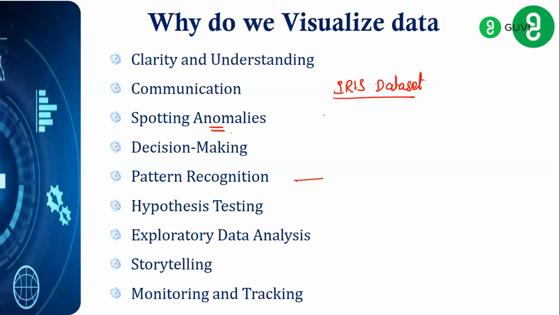It is a flower data set, and in that you have some four or five features: petal length, petal width, sepal length, sepal width, and you have a category.